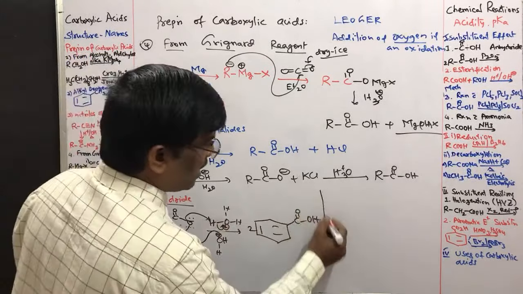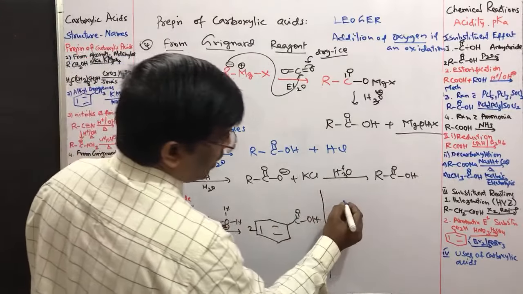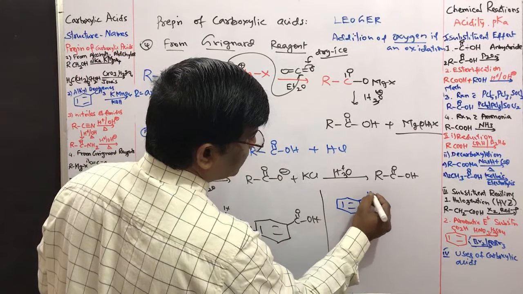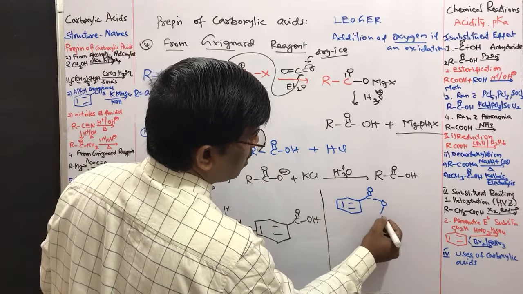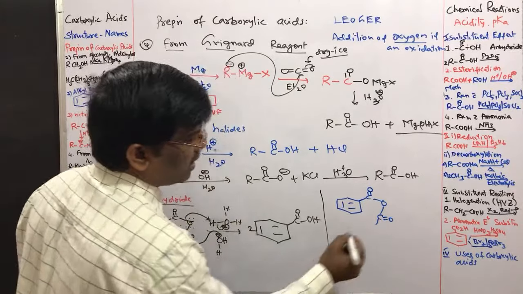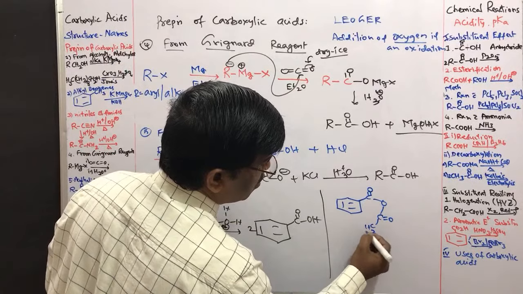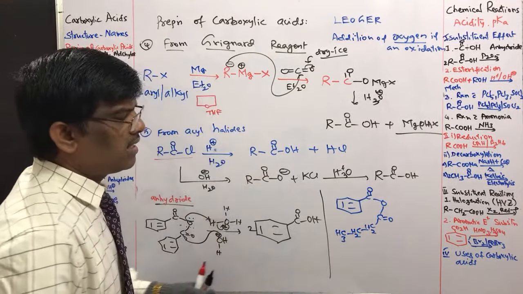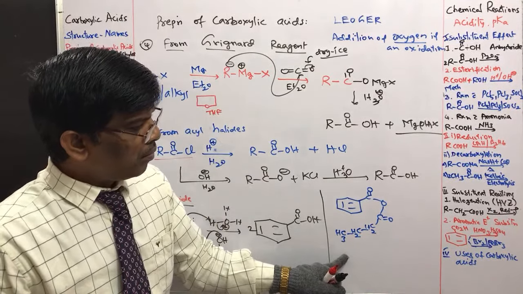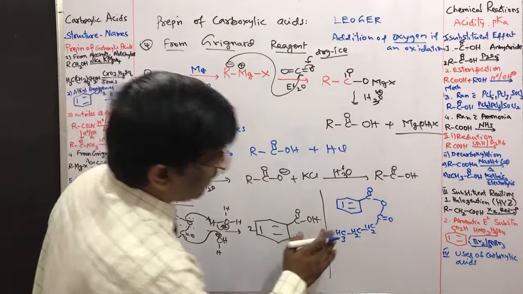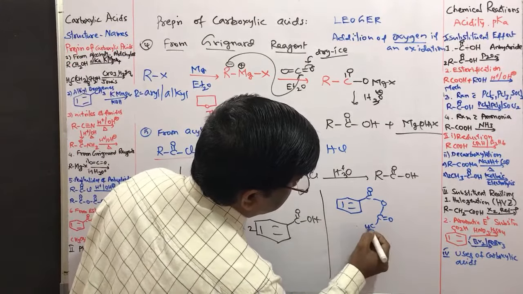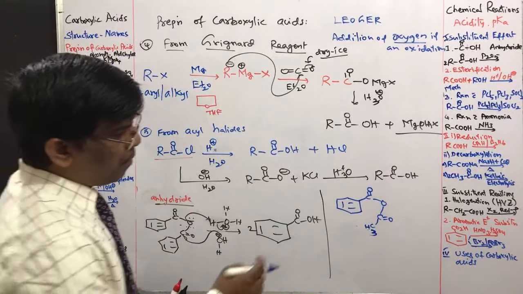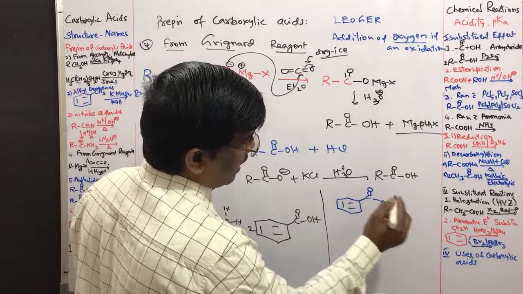And if the anhydride is a mixed anhydride, mixed anhydride means one acid group is different. Suppose here I have taken CH3. Let me write it as benzoic ethanoic anhydride.